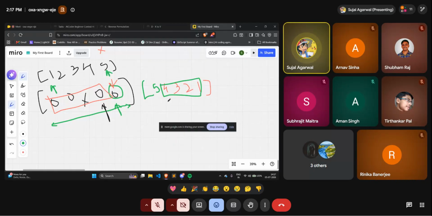So this 4 eventually goes up over here. The final array after this operation would become something like this: 5, 1, 2, 3, and a 4 over here. So you notice the difference, right?